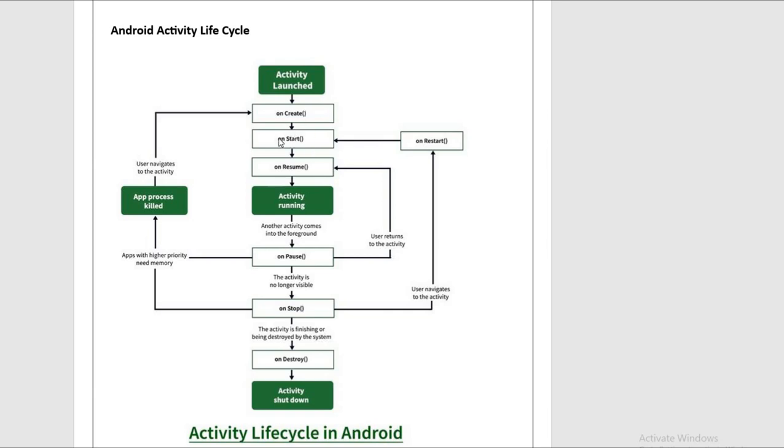After that your onStart will execute. In onCreate you will initialize all the parameters and variables you want to initialize, so that your activity can use those initialized variables entirely. For example, if you are taking a button in your layout, that button will have an onTouch event or onClick event.